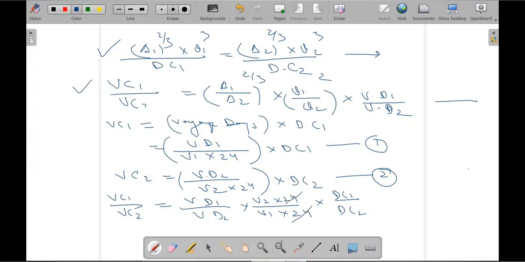24 cancels out. Correct? So what I have is voyage distance 1 over voyage distance 2 into V2 by V1 into DC1 by DC2. DC1 by DC2 from this equation I can write. So let me write here.